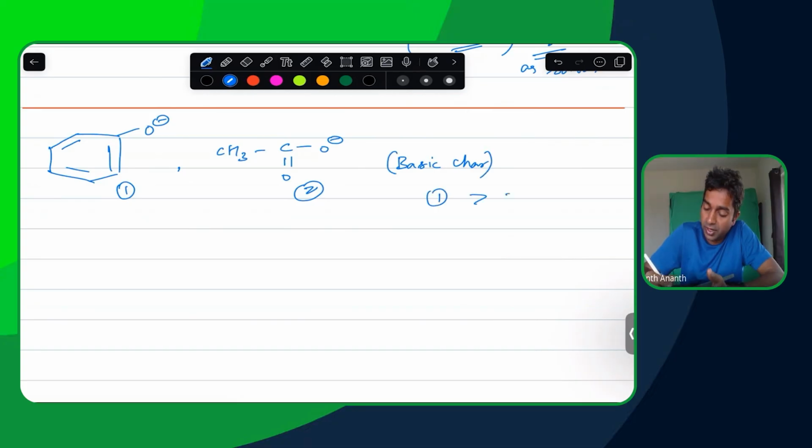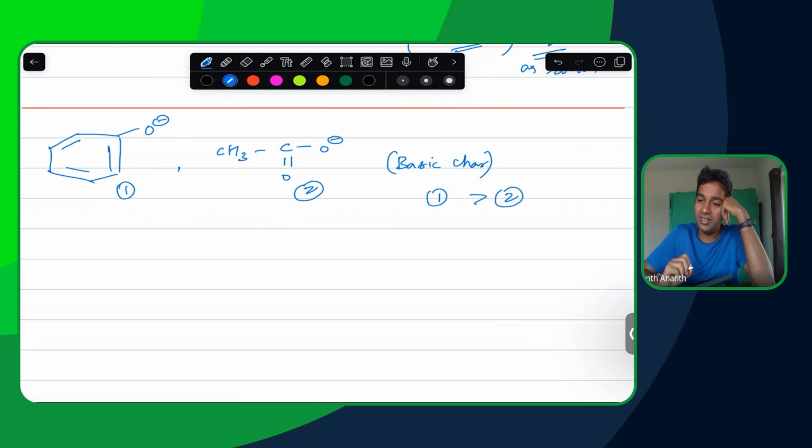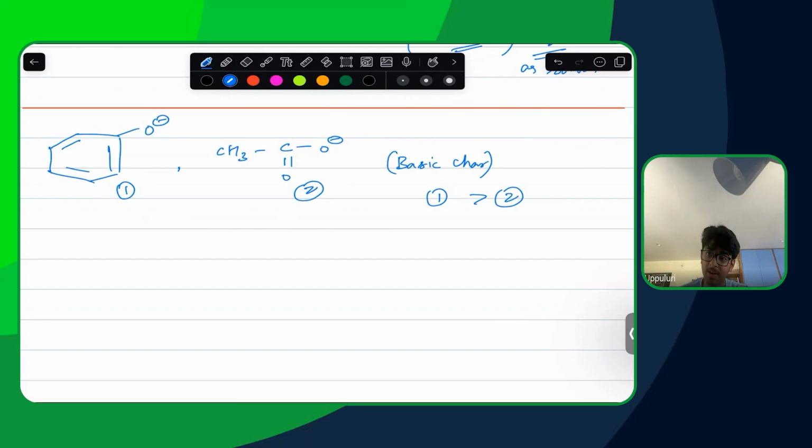Good. Why is 1 greater than 2? Sir, because of pi bonds... no, sir. We were given one reason, I don't think it's for this one. Why, basic character wise, is 1 greater than 2? Answer is correct. Why?